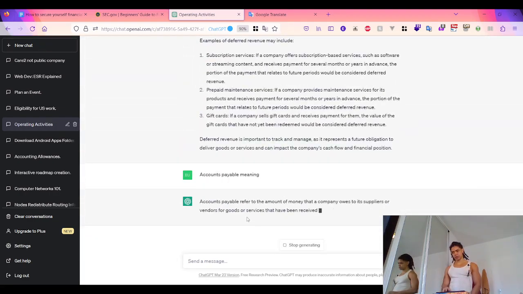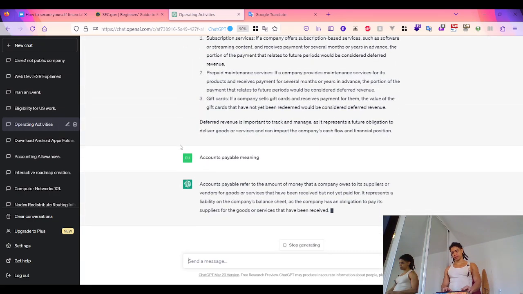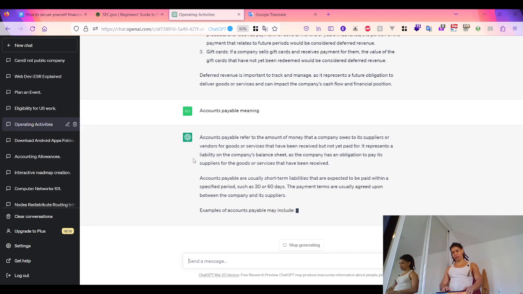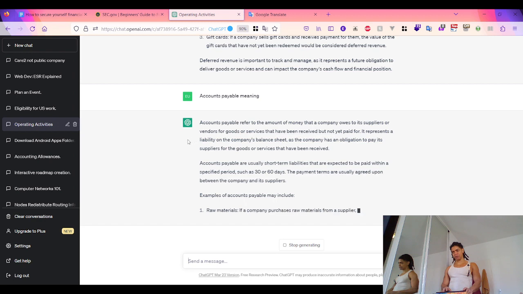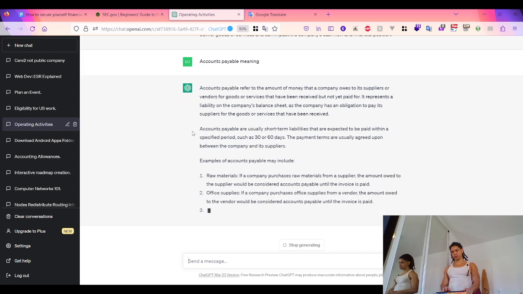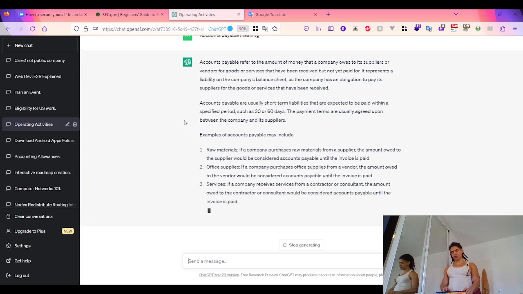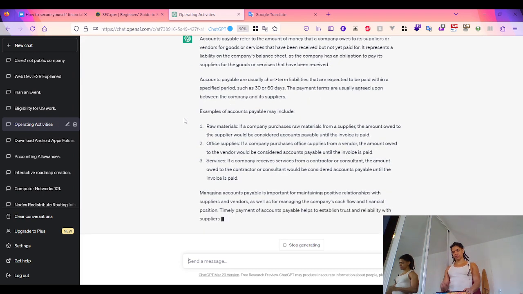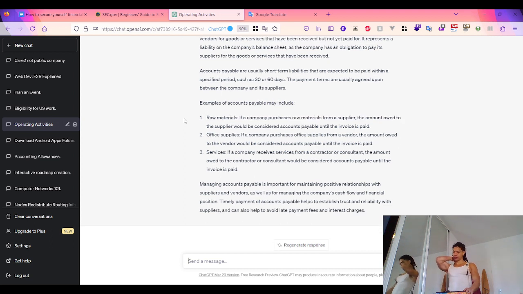Accounts payable are amounts of money that a company owes to suppliers or vendors for goods and services that have been received but not yet paid. Examples are raw materials, office supplies, and services. Managing accounts payable is important to maintain positive relationships with suppliers and vendors, as well as for managing the company's cash flow and financial position.